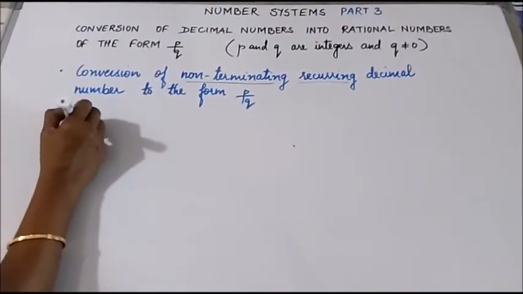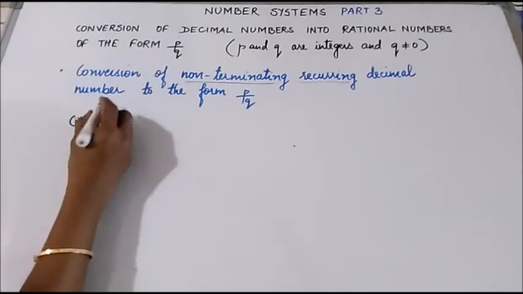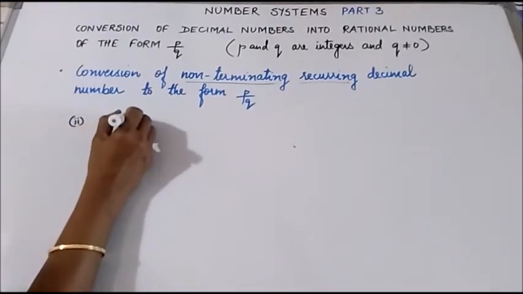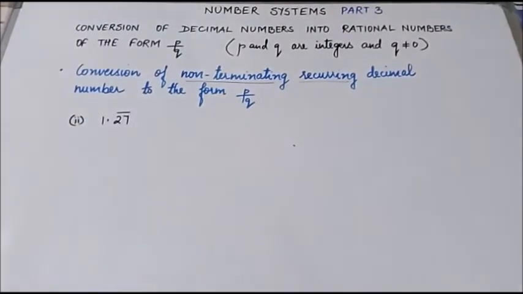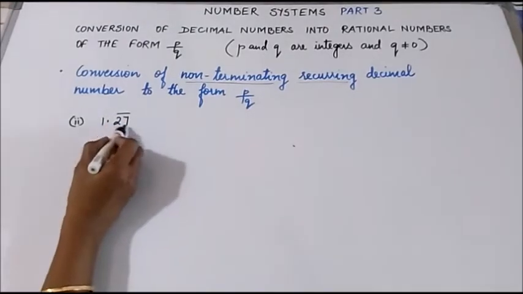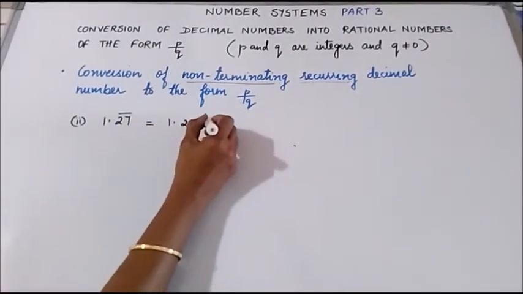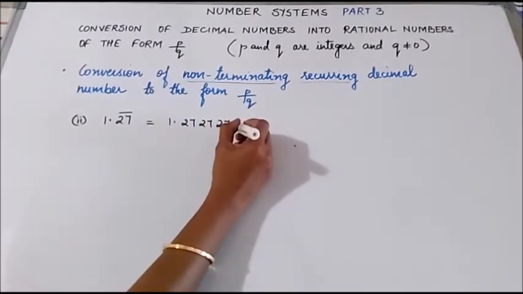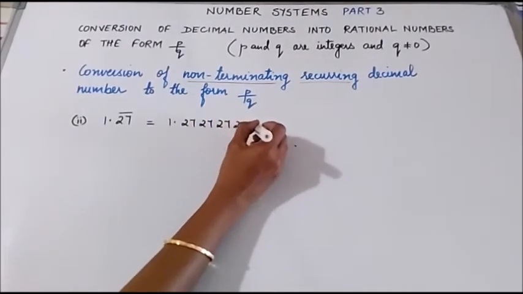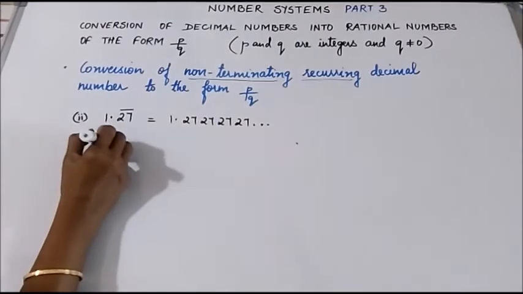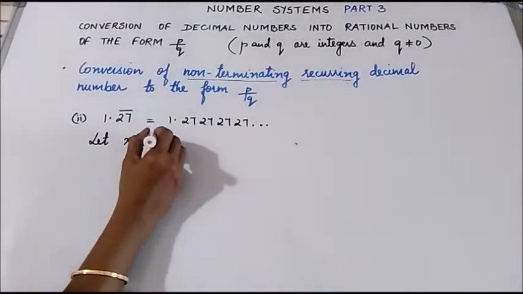Now the second example, 1.27 bar, where the bar is over 2 and 7, that means the digits 27 repeat themselves. This can be written as 1.272727 and so on. First let us assume x equal to the given number.